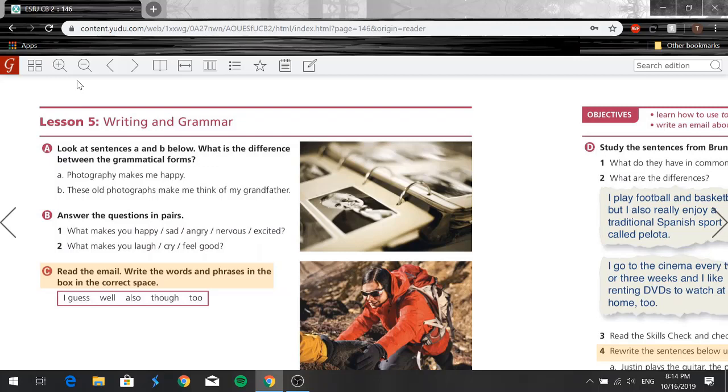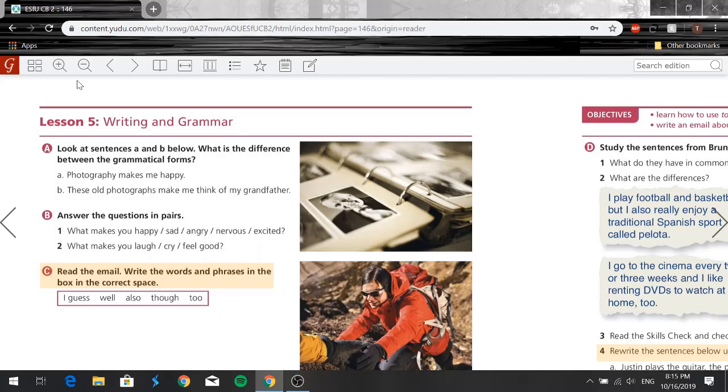The difference is obviously what make means in each case. In sentence A, we used make with an object and an adjective, while in sentence B, we used make with an object and a verb.